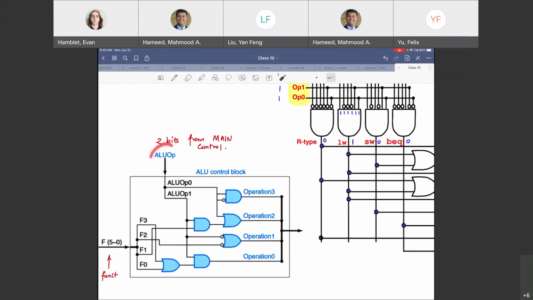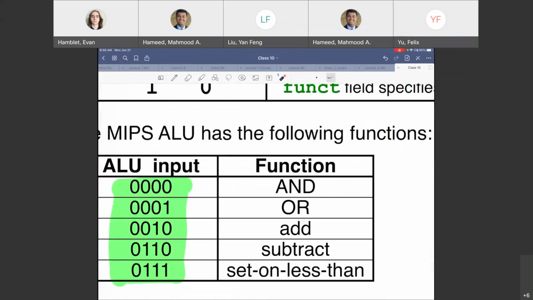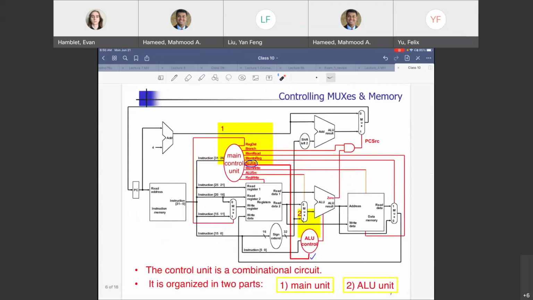Depending on what these are, I need to generate a 4-bit output that goes to the ALU to let the ALU know what to do. Options: if it is 4 zeros, do an AND. If it's 1, do an OR. If it is 2, do an add or subtract or set less than. Those are the options. Those go into the ALU input, right? So where is that going? It's going here.